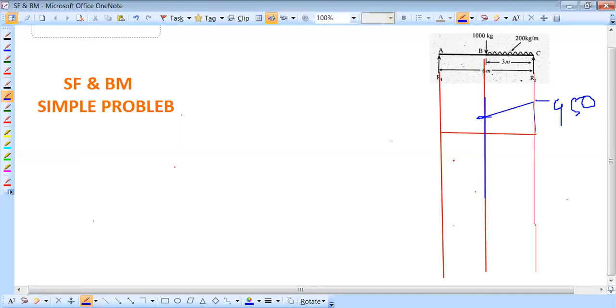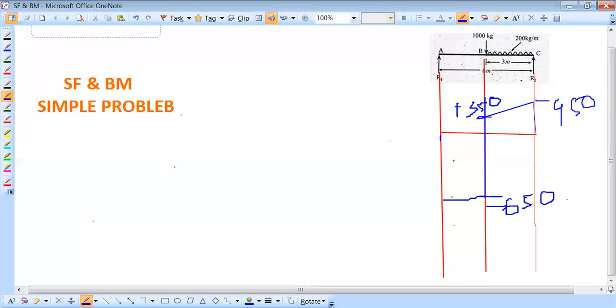Then again at B it is equal to 950. This portion is plus 350, but this portion is minus 650. Then again this one is 650.